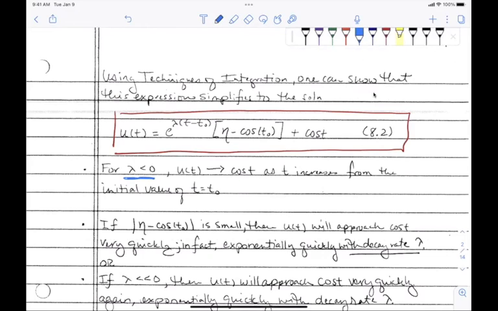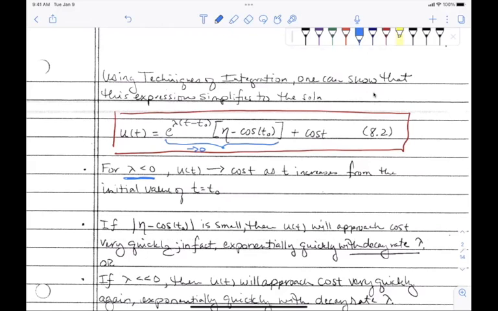If lambda is negative, u of t approaches cosine t as t increases. You can see that if you just look at the algebra here. Lambda being negative means that this term is going to 0 as t moves away from t0. This entire term is what we call transient.